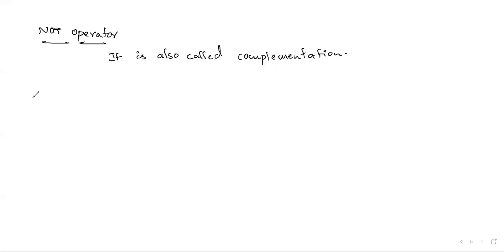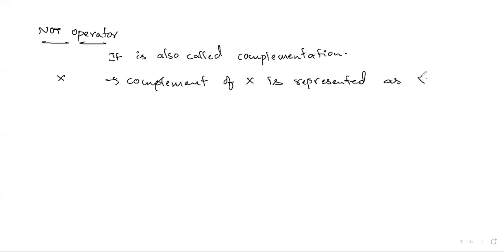If x is a variable, the complement of x is represented as x bar or x dash.